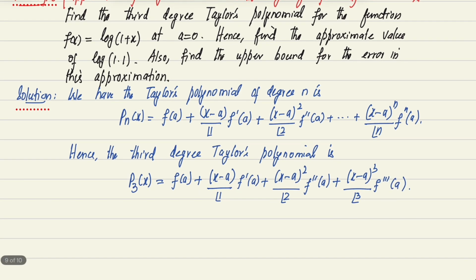So this is the third degree Taylor's polynomial. But we are going to evaluate this at a equal to 0.